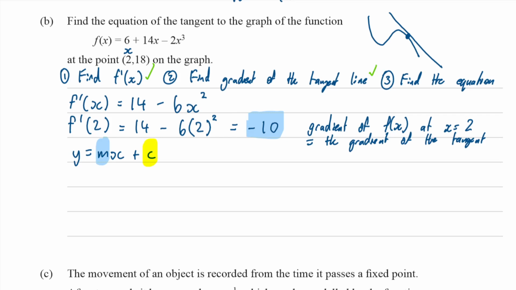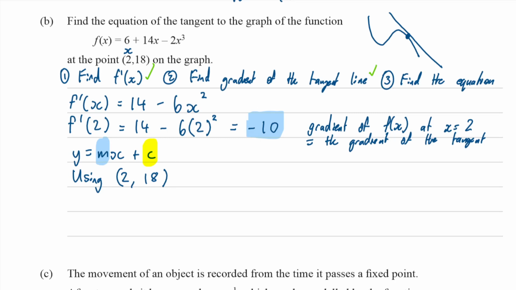Alright, so equation of a straight line, we know if we have a point, we can substitute it in for x and y, and then solve for c. So using (2, 18), because that point is on the tangent line, in fact it's where it intersects the graph, but as long as it's on the line, we can use it to solve for c.